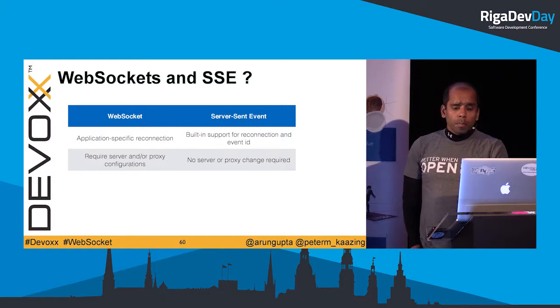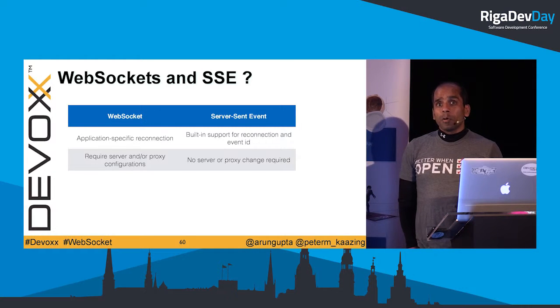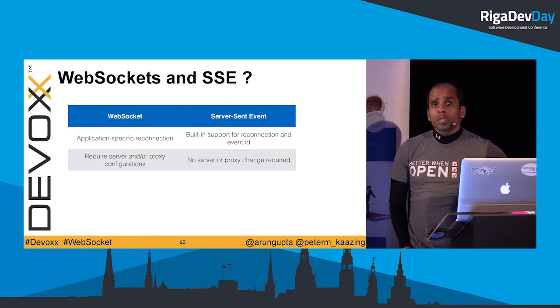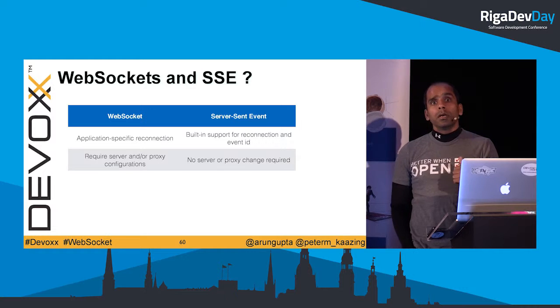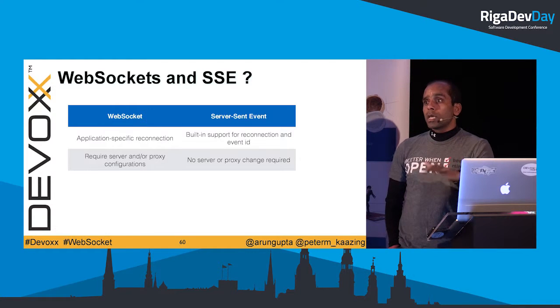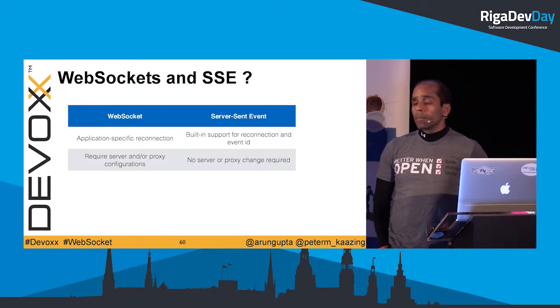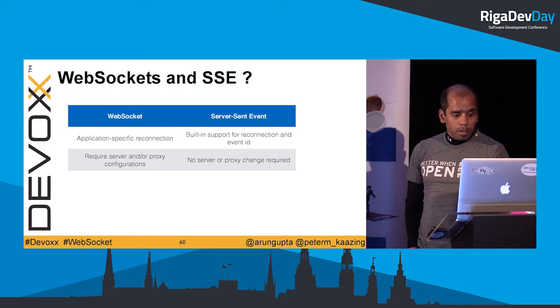WebSocket generally could be a mess if you're using firewalls, proxies, all those things. Some of the proxies and firewalls could be very picky, and they may say, hey, I only expect HTTP headers. Your port 8080 is good, but I don't understand what's happening, and I don't see the HTTP headers going back and forth, so I'm going to block the traffic. With server sent event, no change is required.